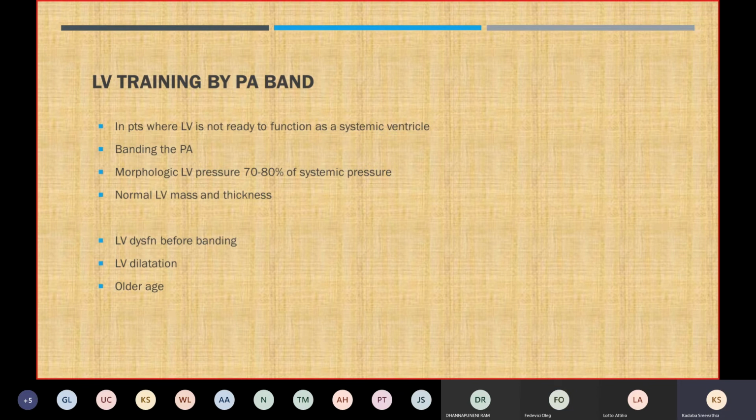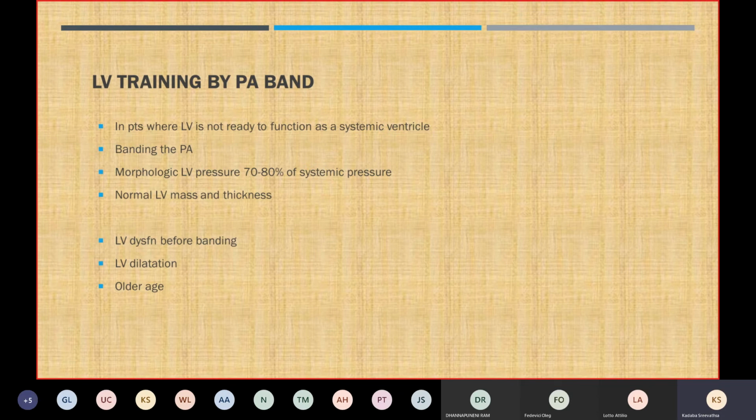If the mass is sufficient, if they have a good ventricular function after the pulmonary artery banding, and a good posterior wall thickness, this all suggests that the LV has been trained adequately and we can go on to do a complete repair or anatomical repair. But the training of the left ventricle is more successful, as per reports, in patients who are less than 15 years of age.